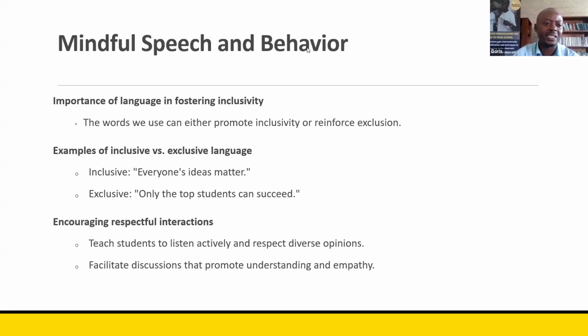There is also an emphasis on the language to foster inclusion. And in one of our Teach 2030 courses, we talked about growth mindset. So if you introduce growth mindset language in your classroom, that's a perfect way to ensure that you are fostering a language of inclusivity in your classroom.